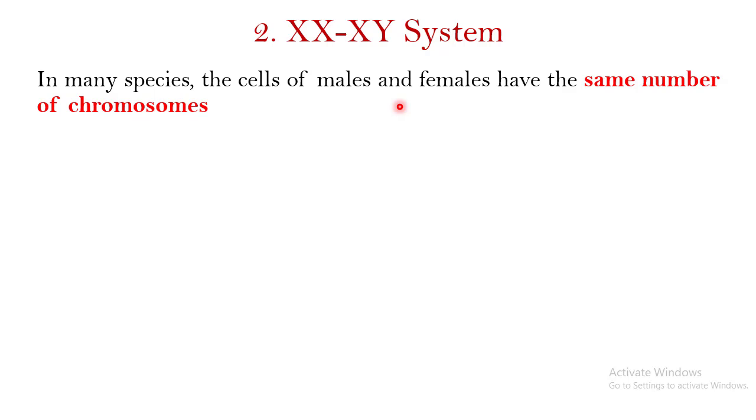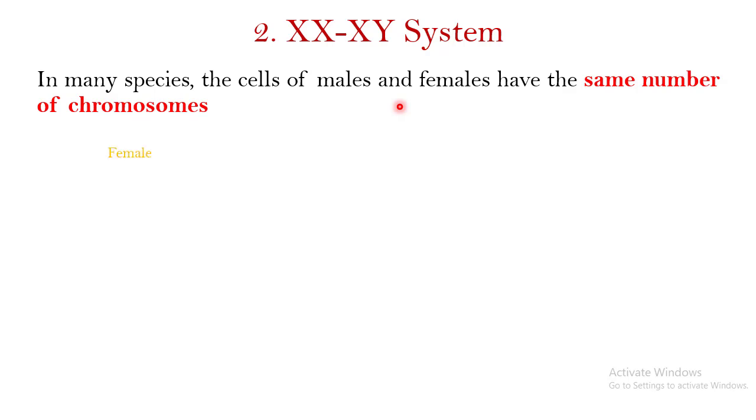In the XX-XO system, the number of chromosomes was different. The female had two X chromosomes, the male had a single X chromosome, so the male had one chromosome less than the female. But in the XX-XY system, the male and the female have the same number of chromosomes, but not the same type of chromosomes.